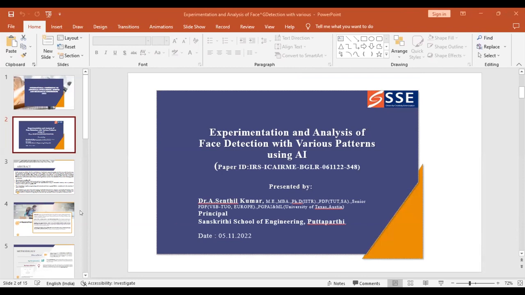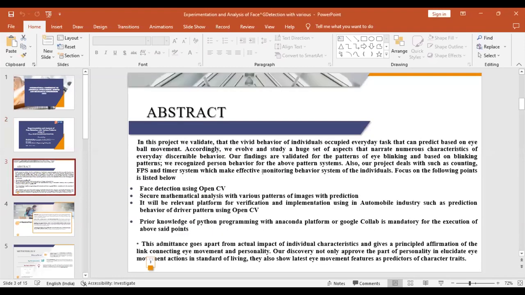The experimentation and analysis based detection in this paper is better than the earlier approaches. Before that, I worked on driver face detection, that is facial recognition, to see whether the face shows anger or some behavior response, so that it's possible to predict.